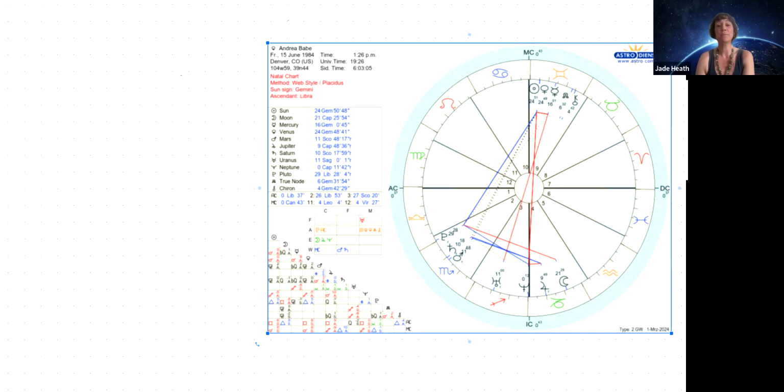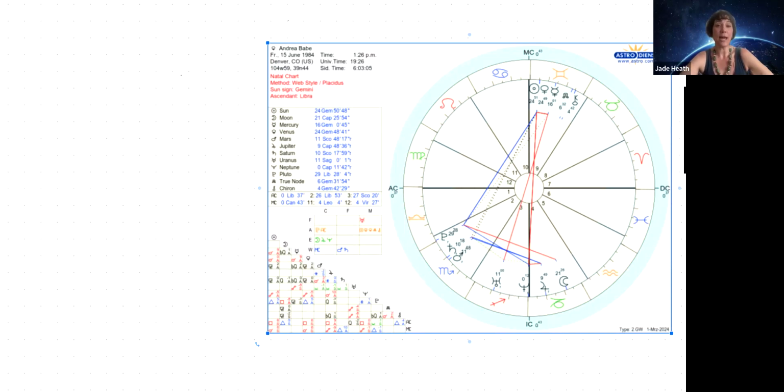Looking at the small box on the left-hand side, where we have all the planets labeled from the sun all the way down to the true node and Chiron, you have their glyphs. And right next to that, you have the degree and the zodiac sign constellation that is associated with where it's at. So in this particular birth chart, we can look at the sun and we see the sun is at 24 degrees Gemini.